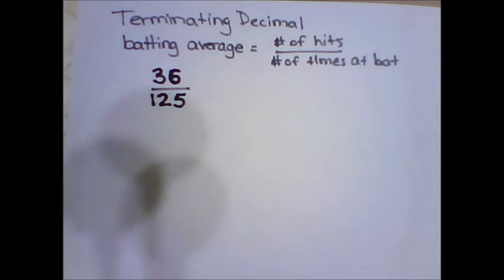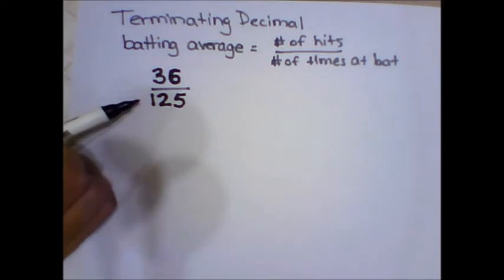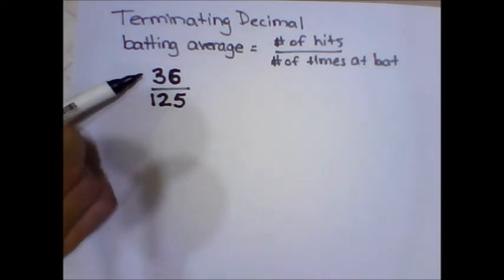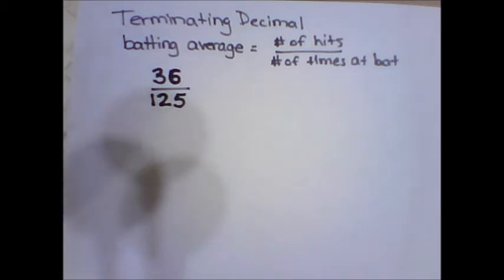Let's say we have this example. A certain baseball player had 125 times up at bat and actually hit 36 of those 125 times. We would write the fraction as 36 over 125.